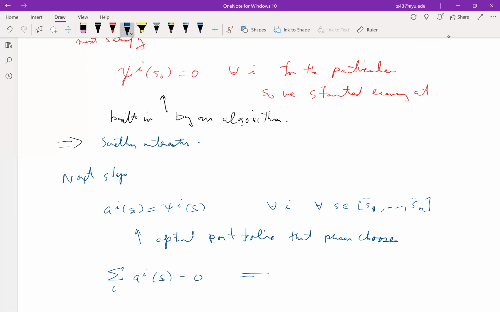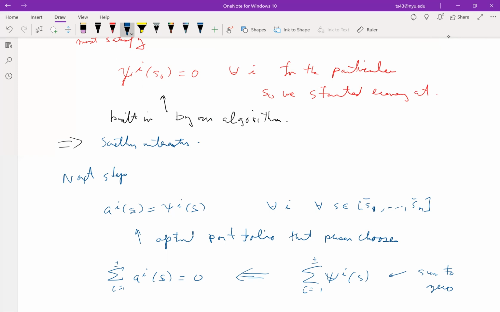But this is implied by what we have built in, summation psi I of S for I equals 1 through I. So continuation wealths are always going to sum to 0 in the Arrow-Debreu setting.